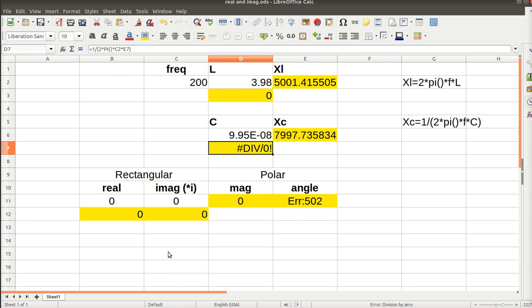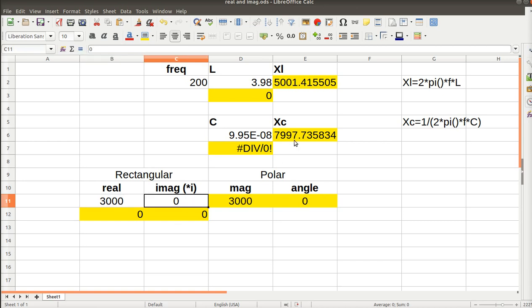So the impedance for the circuit in terms of real numbers are 3,000 for the resistor, and my imaginary will be the difference between 7,997, which we're going to round to 8,000, and 5,001, which we're going to round to 5,000. And since it's capacitive, it's going to wind up being minus 3,000.